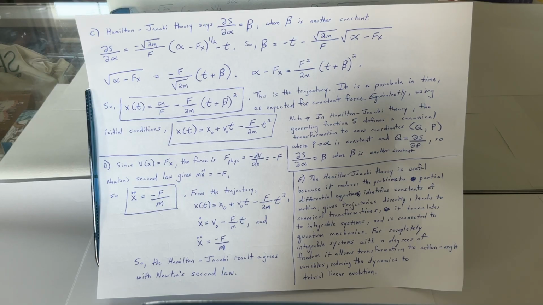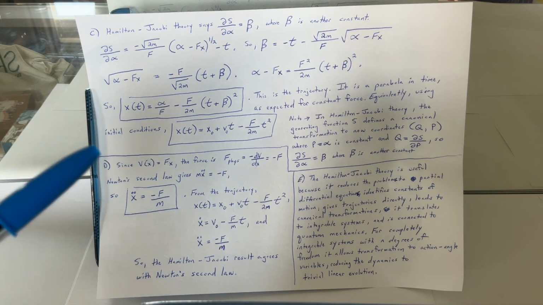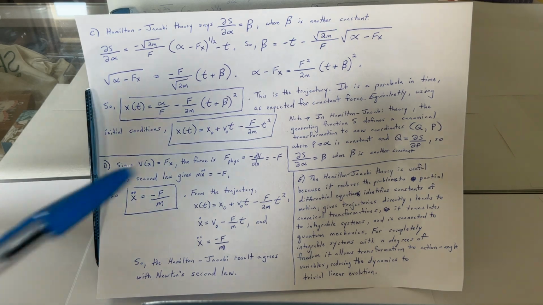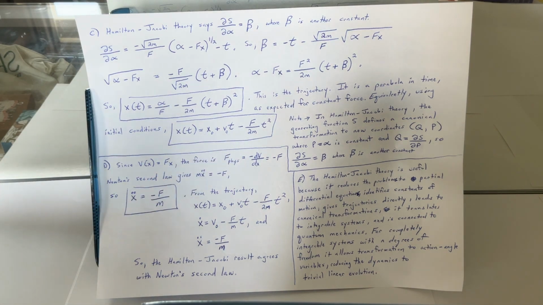So that's letter C. For letter D, they want us to verify that the result agrees with Newton's second law. Since V(x) = Fx, the force is F_phys = −dV/dx = −F.